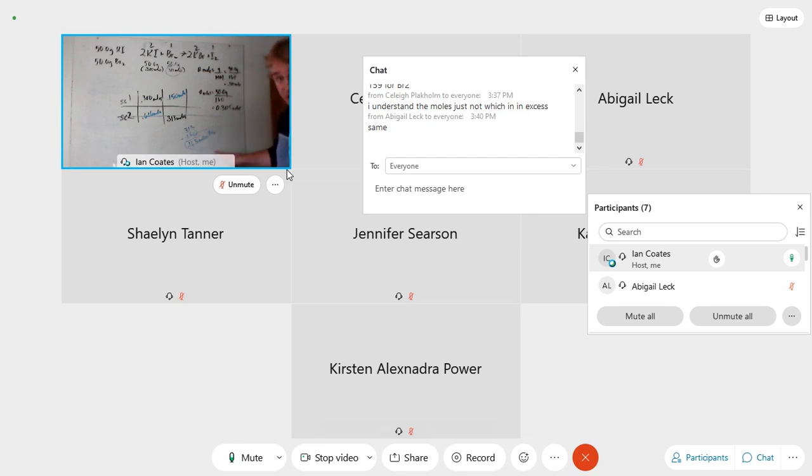I could ask you for an extra step here and tell me how many grams of bromine. So what would that mean? You've got to take 0.163 moles of bromine and change that into grams, which you can do easily enough. But it's an extra step, right? And so that's what's going on here.